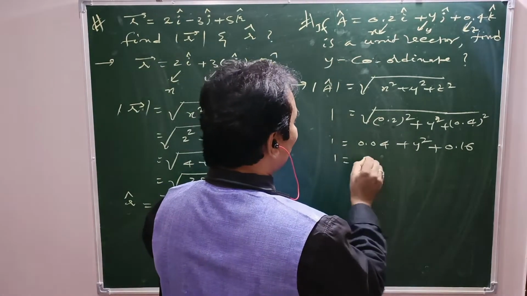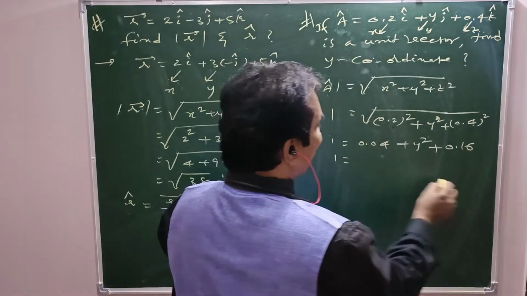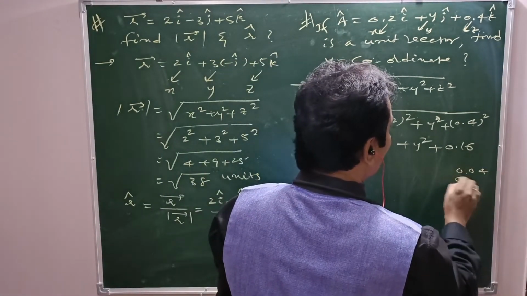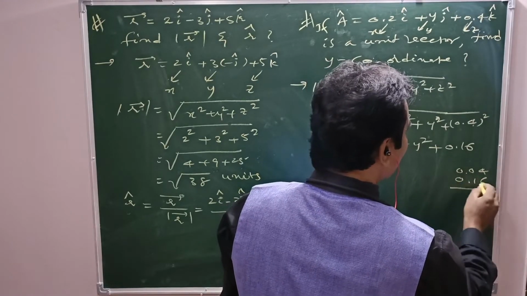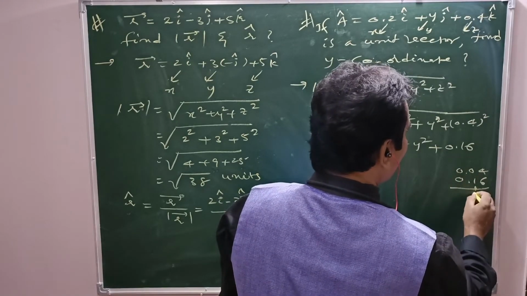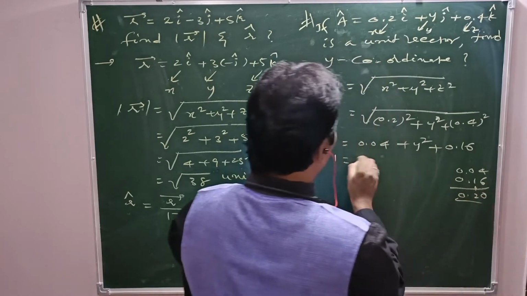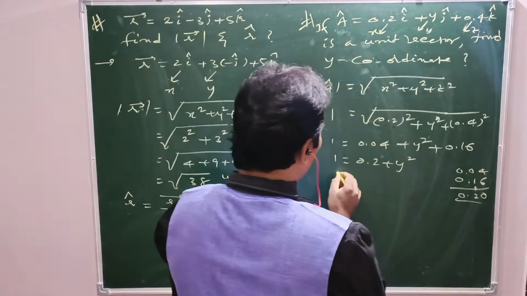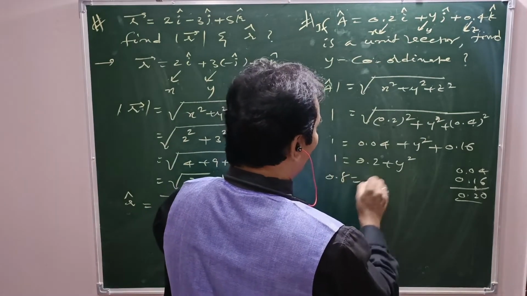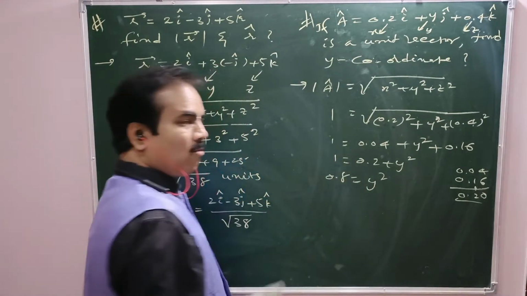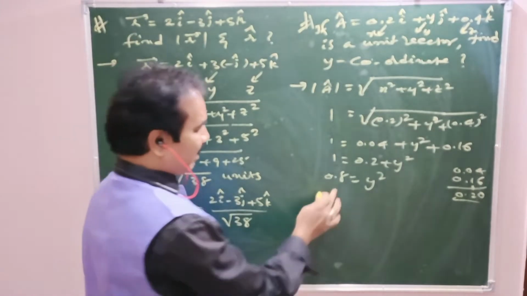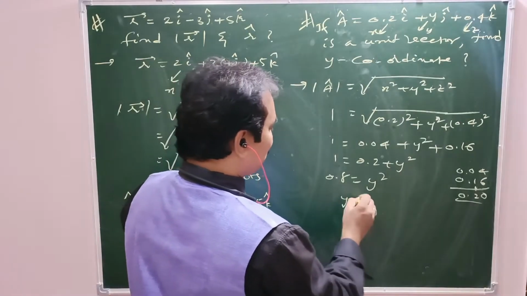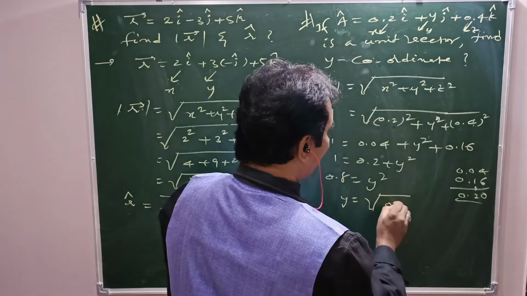Okay, that is 1 equals 0.04 plus 0.16, that is 0.2, plus y square. 1 minus 0.2 equals 0.8, that equals y square. Y equals root over 0.8.